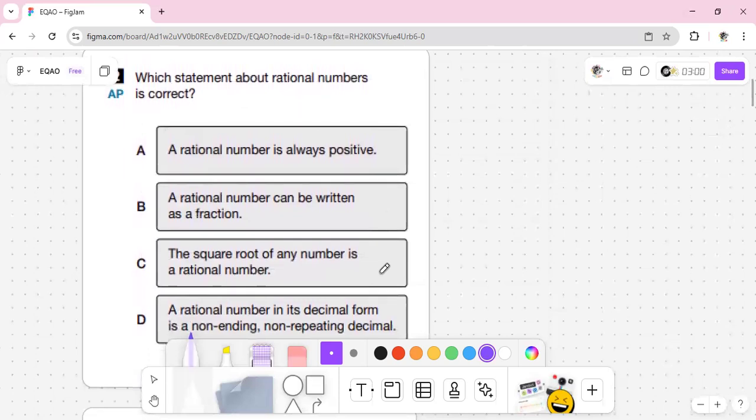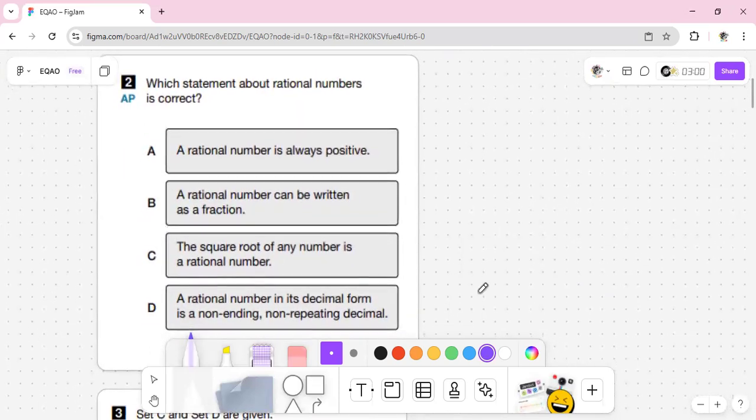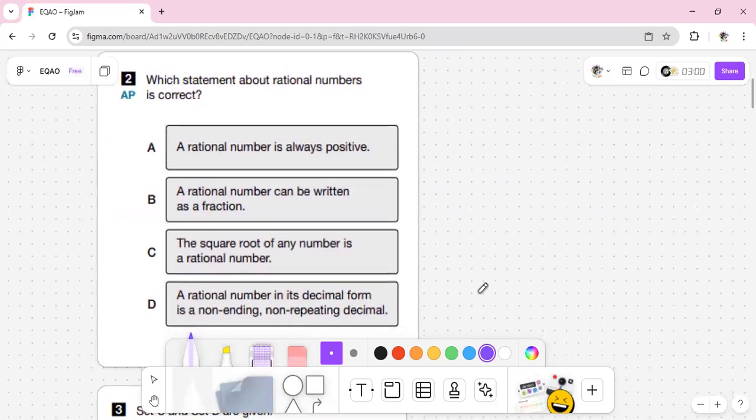Question number 2 has a series of statements, but only one of them is true about rational numbers. So let's start from the top. A rational number in its decimal form is a non-ending, non-repeating decimal. That is not a correct fact about rational numbers. The square root of any number is a rational number.